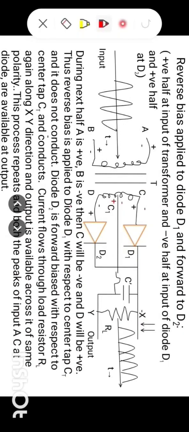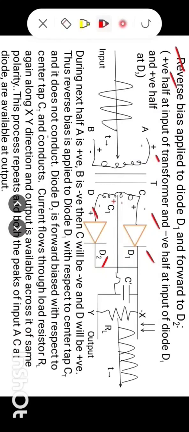Now let us take up the second case of reverse bias applied to diode D1 and forward to D2. What is the situation? Positive half at input of transformer and negative half at input of diode D1 and positive half at D2.